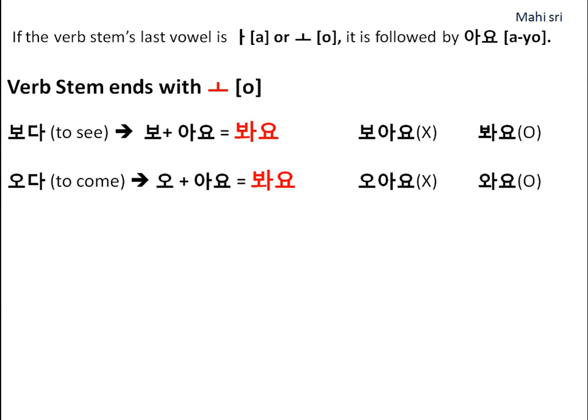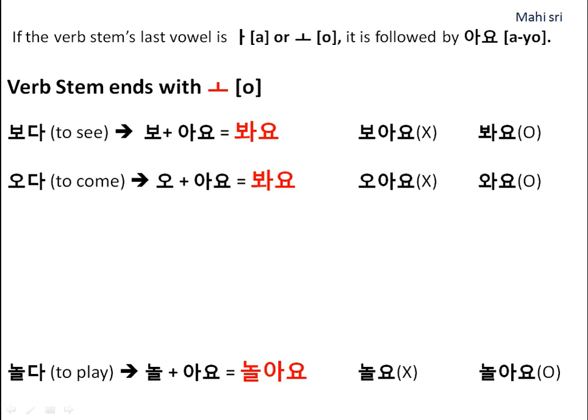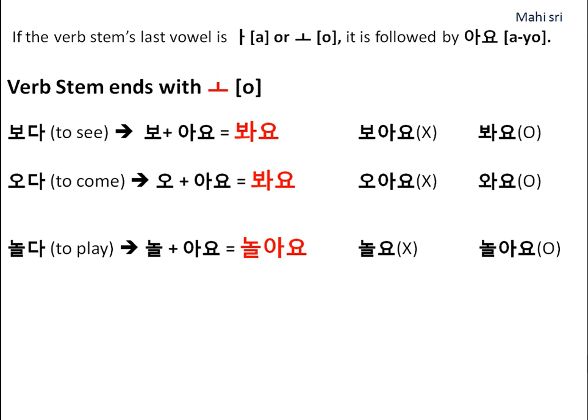Then oda becomes o plus ayo, oayo, wayo. It's not oayo but wayo, a compound vowel. Wa, wayo. Then here this verb stem has a batchim. So nolda, to play: nol plus ayo, norayo.